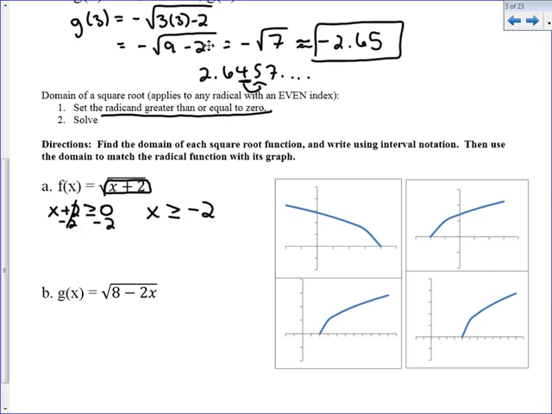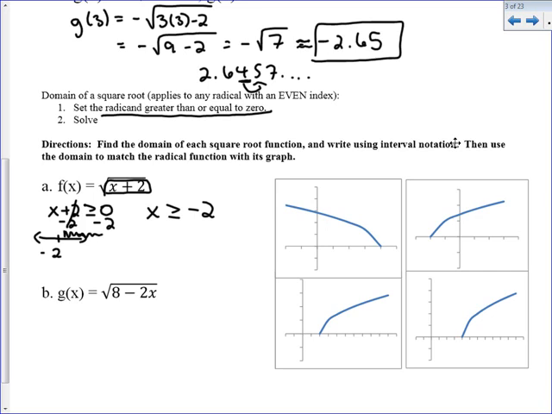Now our directions, just like before, ask us to write using interval notation. So let's think about it on the number line again. We're starting at negative 2. Which side of the number line is greater than negative 2, the right side or the left side? The right side. These are all the numbers that are bigger than negative 2.